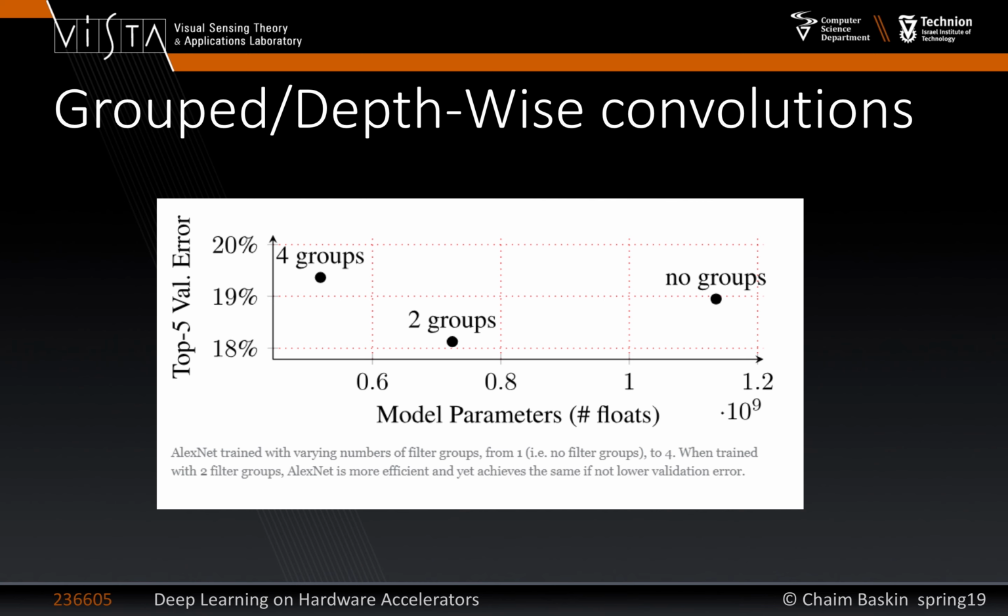Okay, and as you can see here, when we use no groups, we achieve some results. And if we use 2 groups, we reduce the number of calculations at each step by half. We do not really decrease the number of weights that we have. Why?